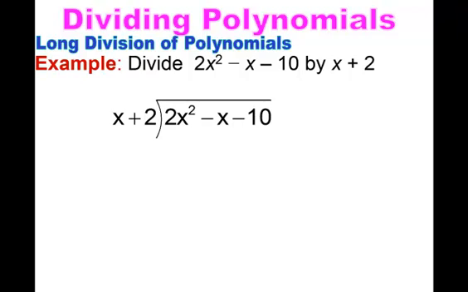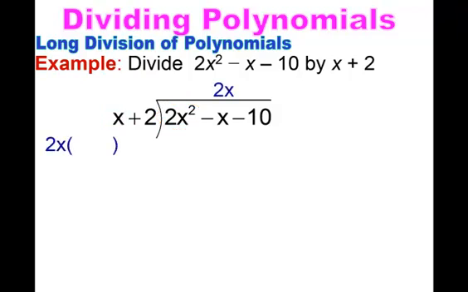Now, similar to the long division in arithmetic, I'm only focused on the first piece here. So I want to get rid of the 2x squared. So I'm looking at 2x squared and this x, just the x, and thinking, what can I multiply x by to get the 2x squared? What do I multiply x to get 2x squared?